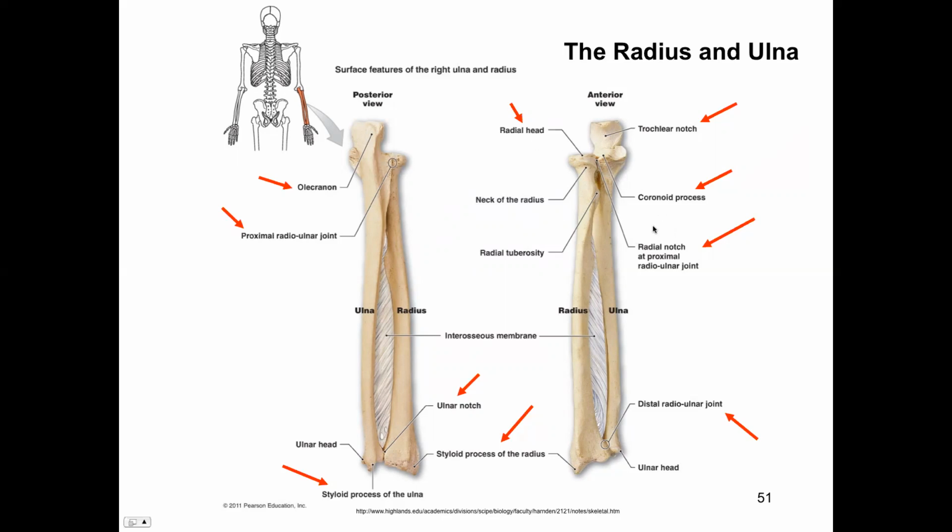All right, so if you look at this, the radial notch is where the radius interacts with the ulna, and the ulnar notch is where the ulna interacts with the radius. All right, so that's these different parts, and these are joints between the radius and the ulna. Here's the radial tuberosity. There's some bones that are joined to that, but I would focus on these arrows. So if you could learn these particular names, that will help you a lot.